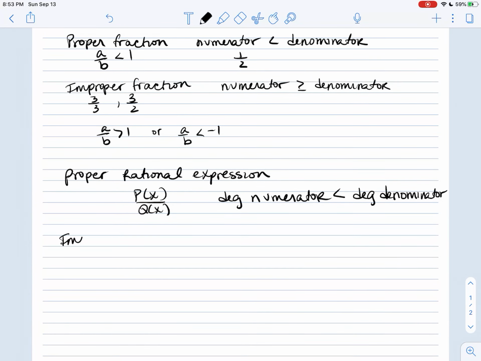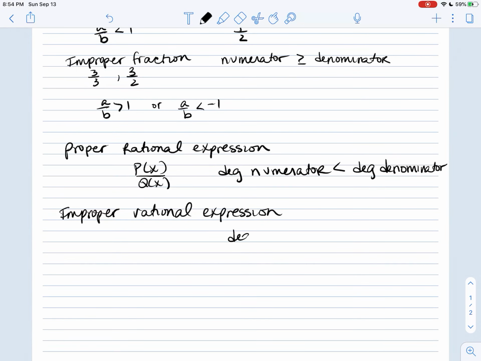And an improper rational expression is one where the degree of the numerator is bigger than or equal to the degree of the denominator.